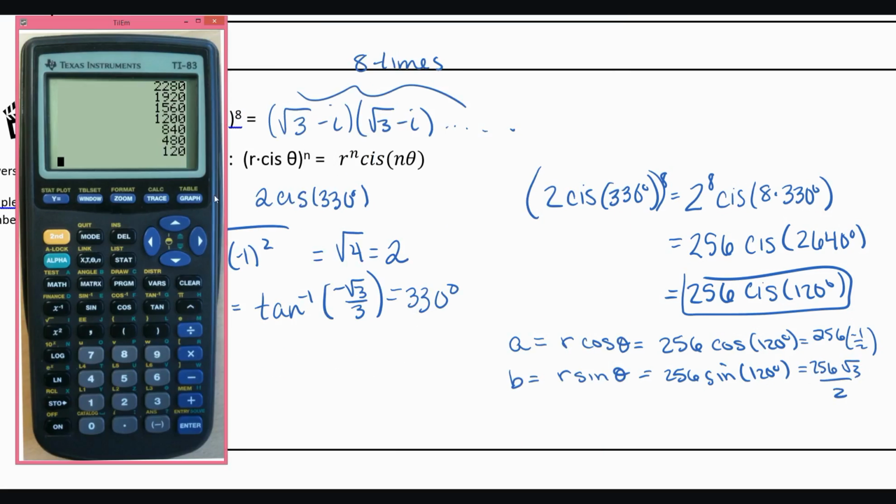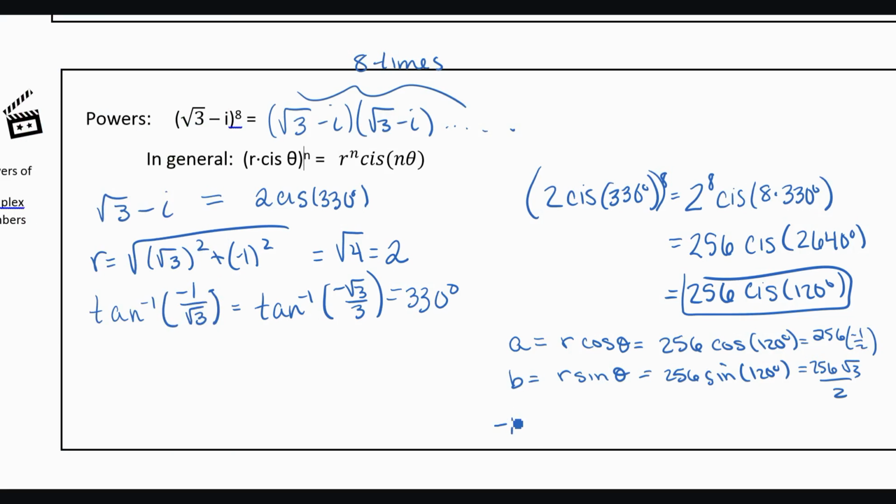So we need to do 256 divided by 2, which is 128. So our a is going to be equal to negative 128, and then plus 128 square root of 3 times i. So that's how we would put it back in standard notation.